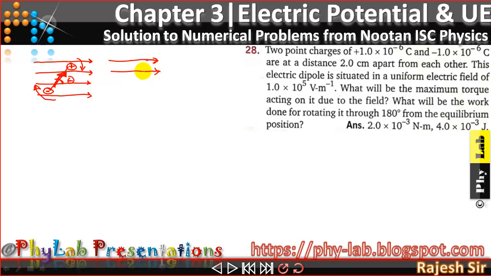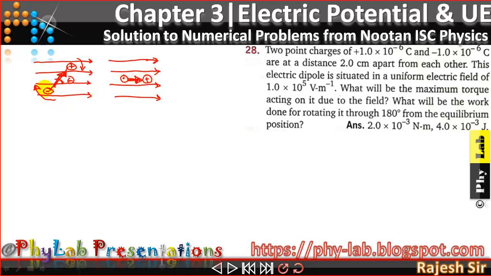And I just now told you in what orientation the potential energy of any dipole will be minimum. That is whenever the dipole moment becomes parallel to the electric field vector, friends.